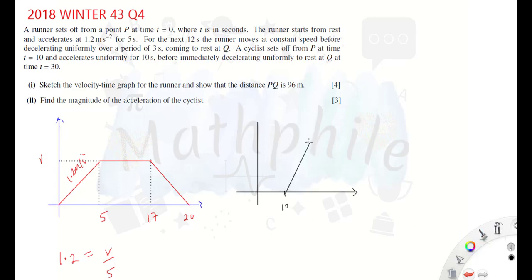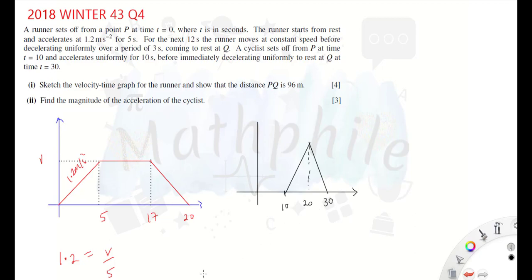Let's say accelerated to this side and decelerated immediately to the other side. So basically, there's the position of the cyclist. Are you getting me? Okay, so with this one, it did it in about 10 seconds. So this would be 20, and this would be 30.